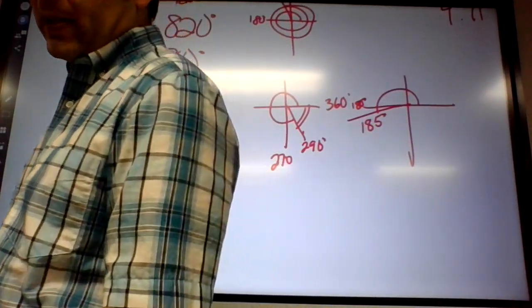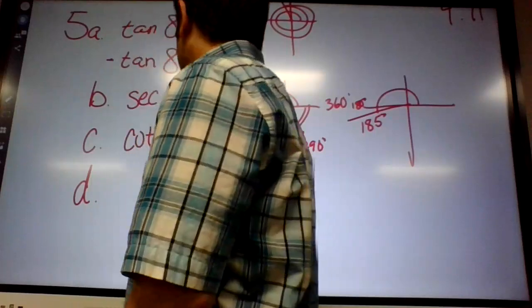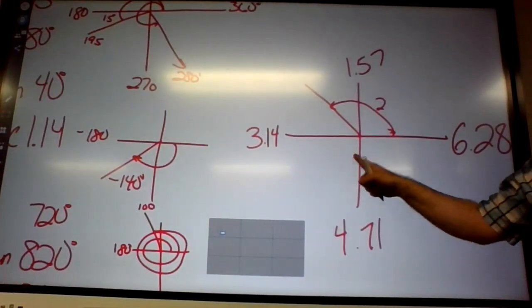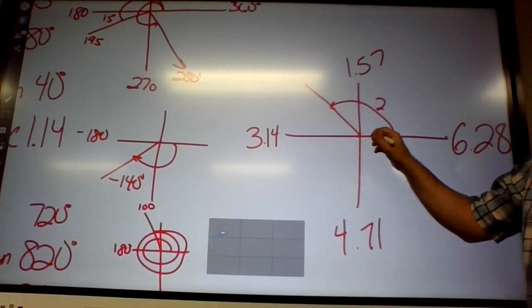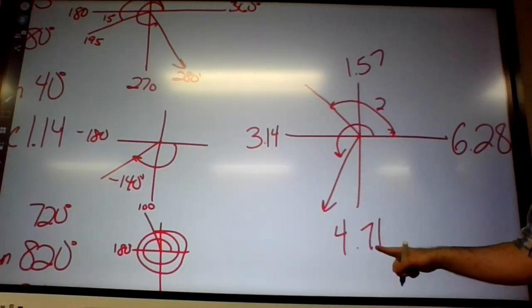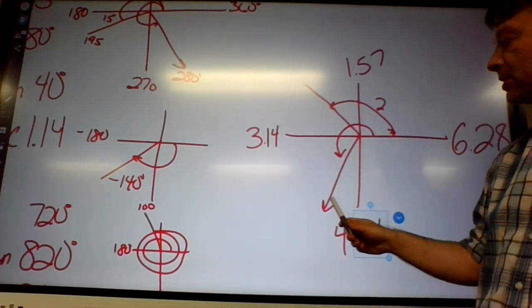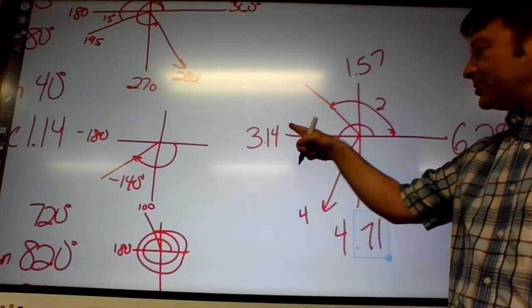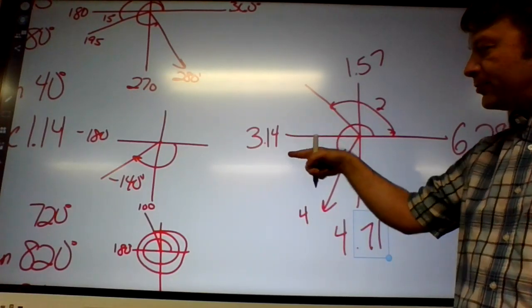D, cosecant of 4. Let's go back up to my picture up here. 4 is going to be a little bit shy. It's going to be about right here. Not going to quite make it to this, so it's in the third quadrant. We need to figure out how far it is from the x-axis, from 3.14.